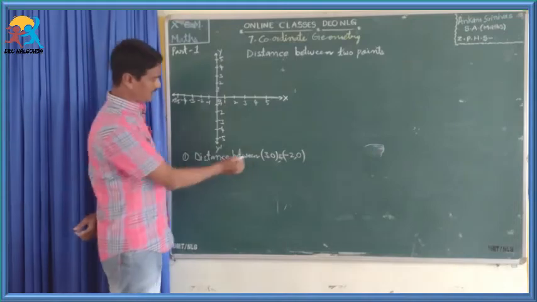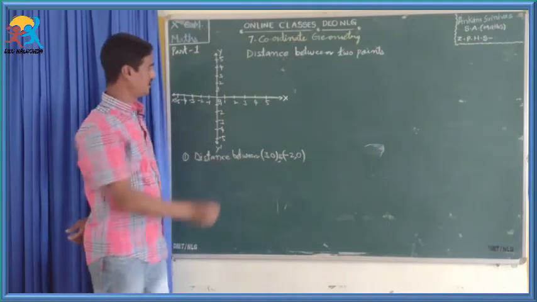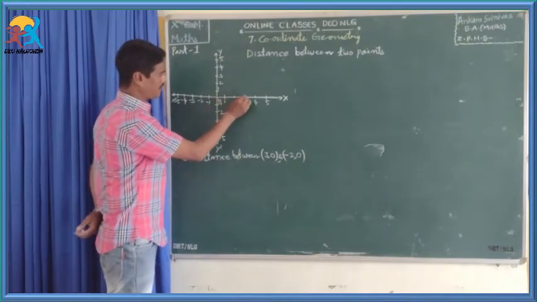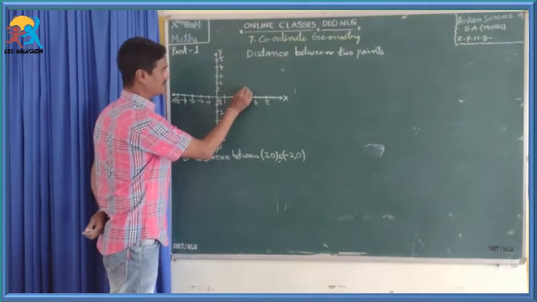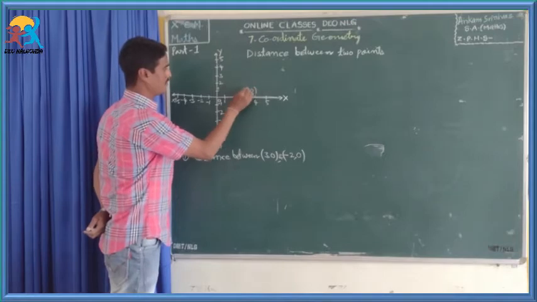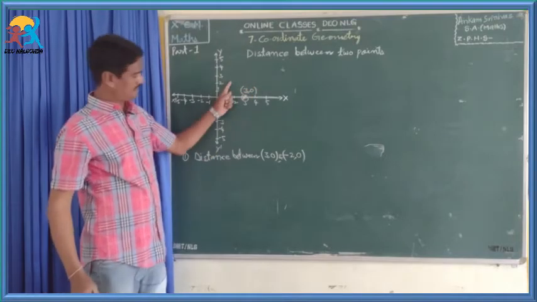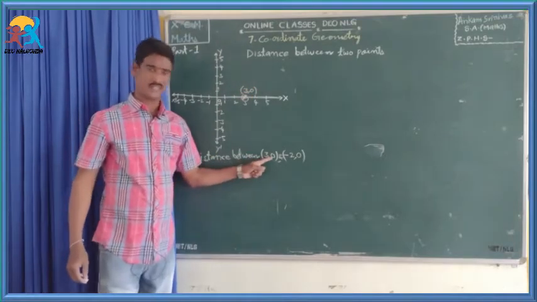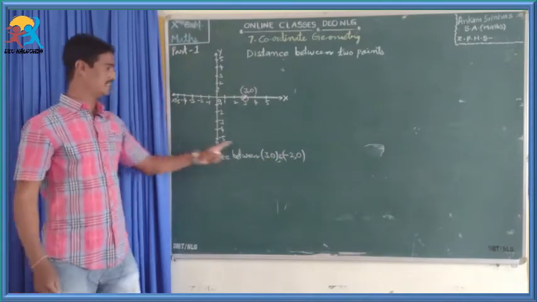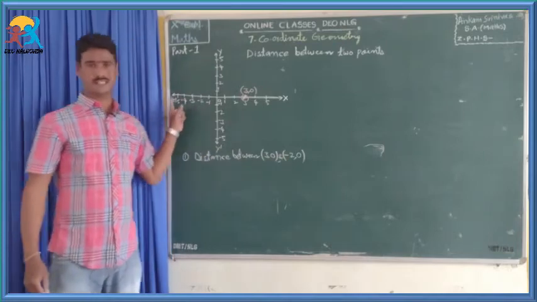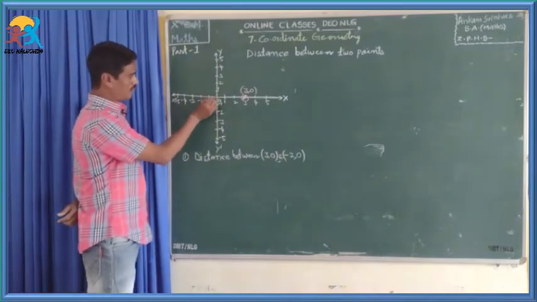You know the position of 3, 0 is on the x axis, and minus 2, 0, the second point, is also on the x axis.